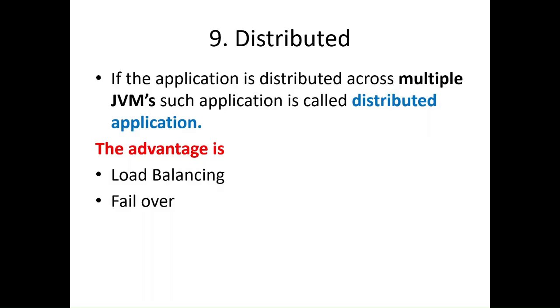Each process can be executed in a different JVM process, so the processes are distributed across different JVM processes. Obviously, parallel execution is happening here. So one of the advantages is that we can maintain load balancing. These are all possible. Failover, everything can be checked.